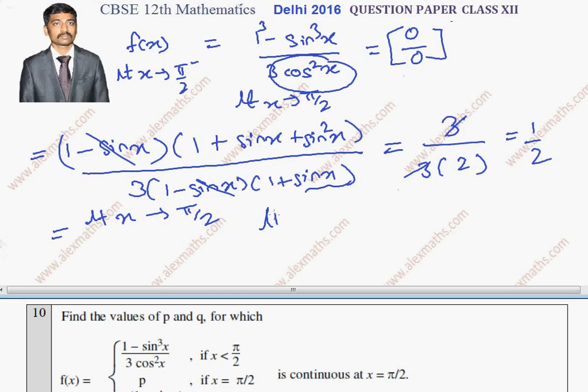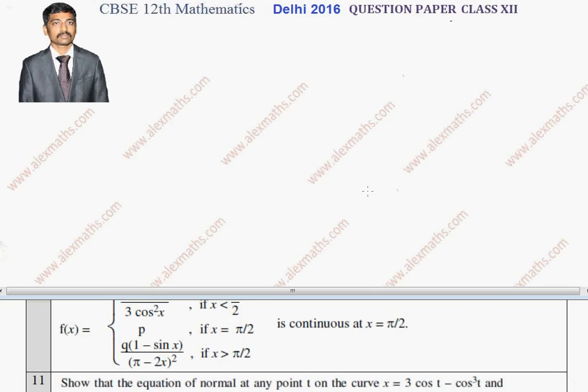Then coming to the second part, where limit x tending to pi by 2 f of x, for this I have to choose the function p. So the answer itself is p. So we got half for the first part and p for the second one. Coming to the third part, f of x limit x tending to pi by 2 plus.